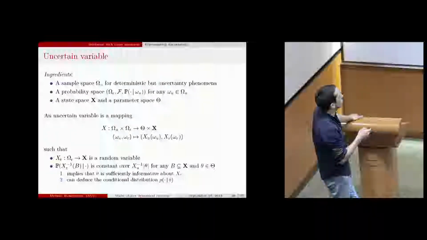You don't need to think too hard about what this says. It says that this mapping from omega u to my parameter theta is informative enough about the randomness in XR that this conditional distribution makes sense. Without this assumption, you can't write this.